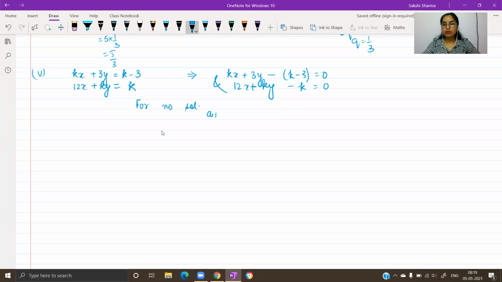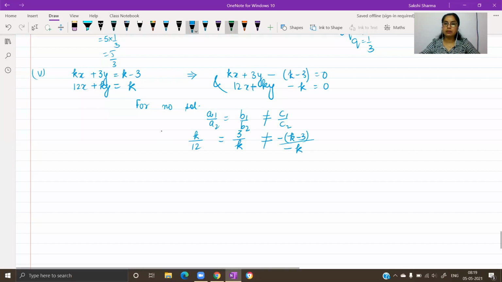For no solution, you should have a1 by a2 equals to b1 by b2, but not equal to c1 by c2.